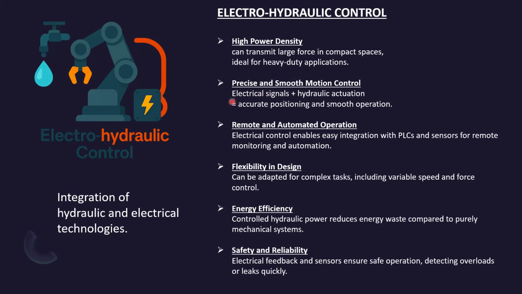Precise and smooth motion control. Electrical signals plus hydraulic actuation. So you can actuate a cylinder, which means you can trigger a cylinder with air. It could be a pneumatic actuator, but it could be a hydraulic cylinder, because triggering doesn't take much power and it can be fast.